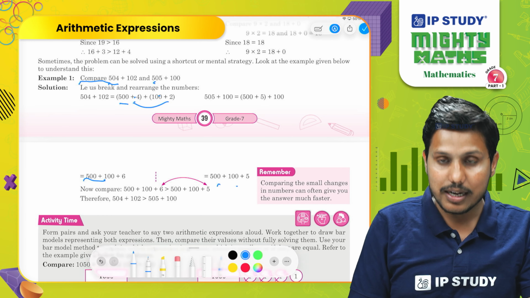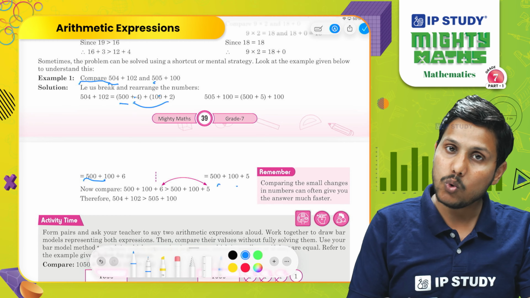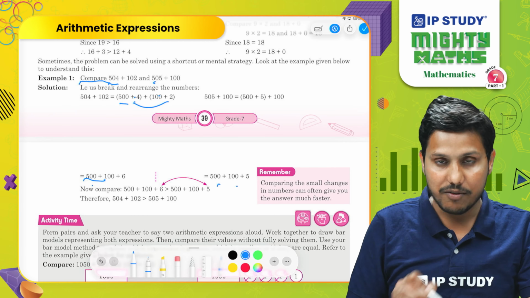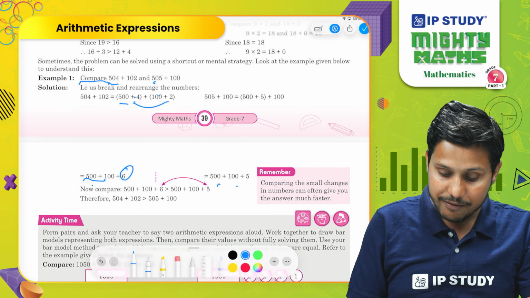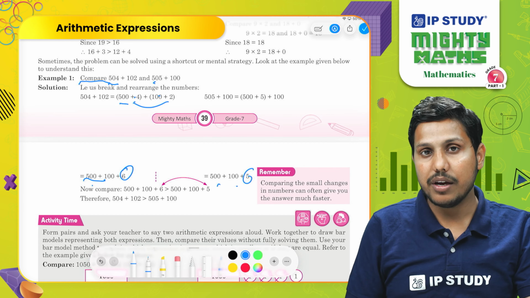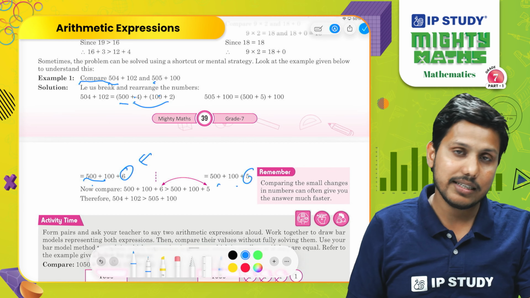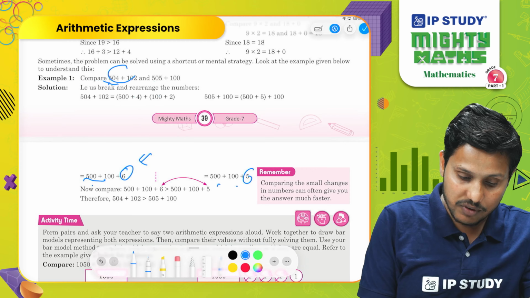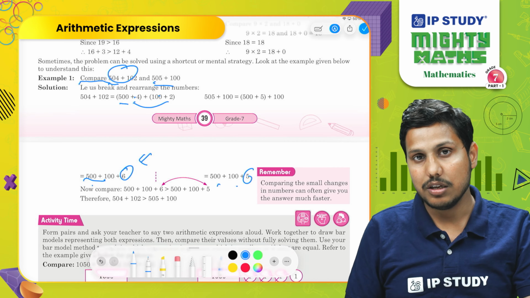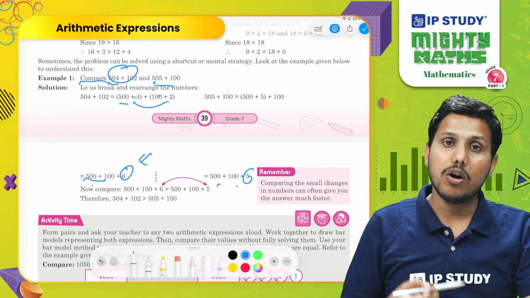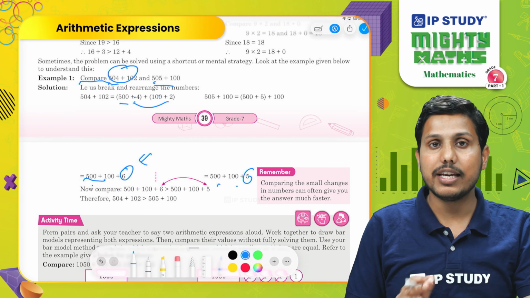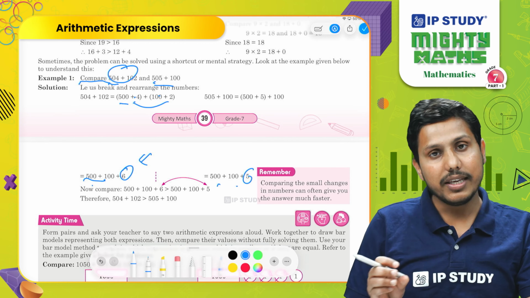Out of the three components, we have two same components, 500 and 100. So 6 and 5 are what we need to compare. We know that 6 is greater. It means this expression will be greater than this expression. So here, without solving or getting the value of the expression, we can just compare using these tricks.